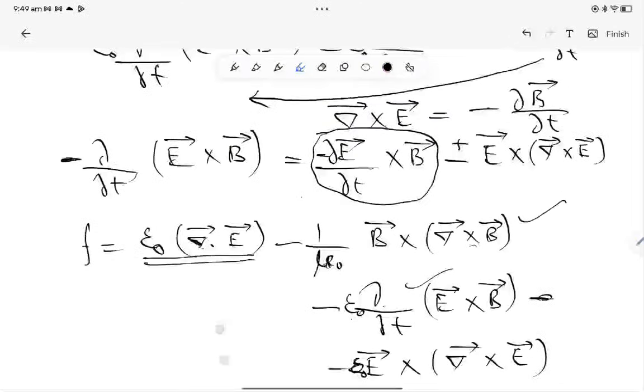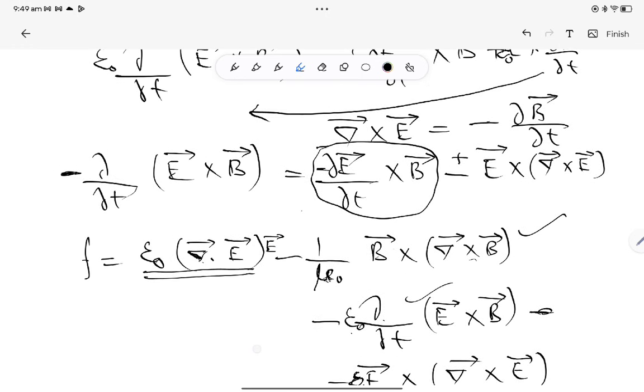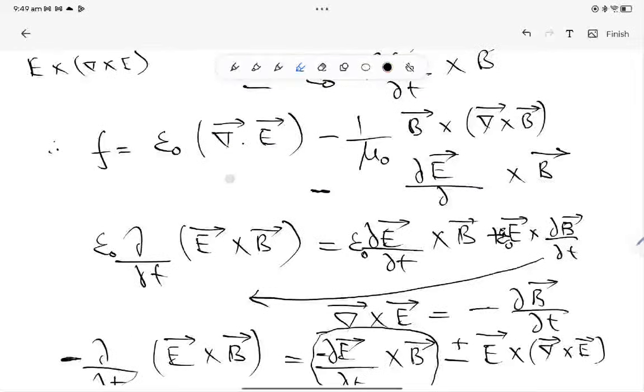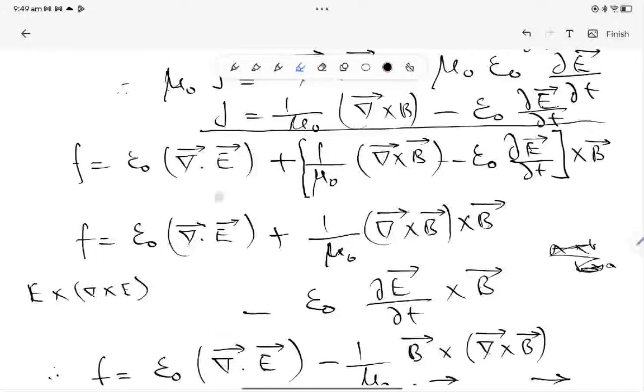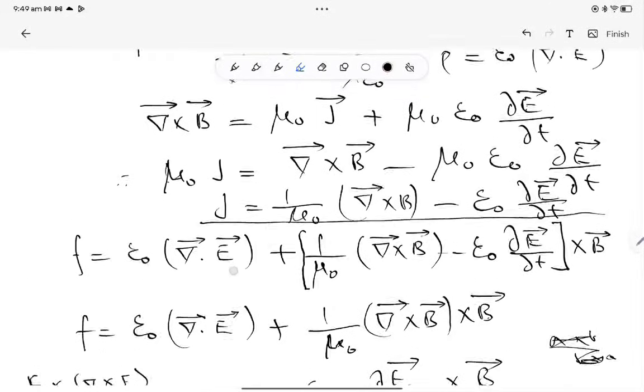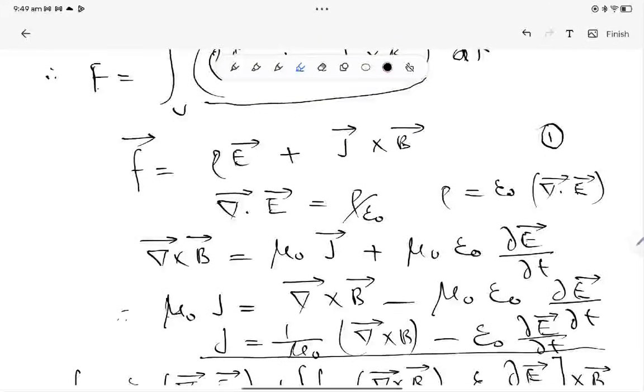Now, I'm sorry, I have again committed an error here. It is not del dot E. It is del dot E into E. You can see the mistake has been committed here itself. You have E and you have rho.